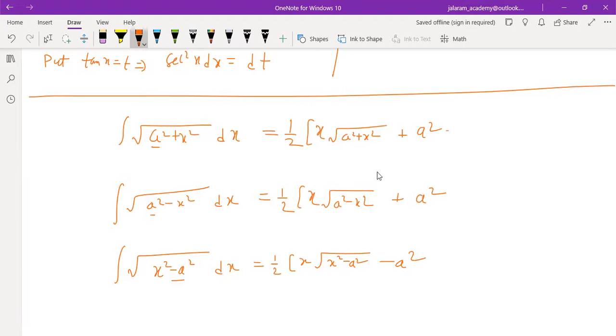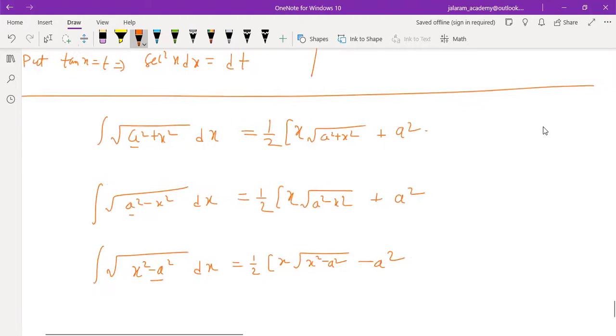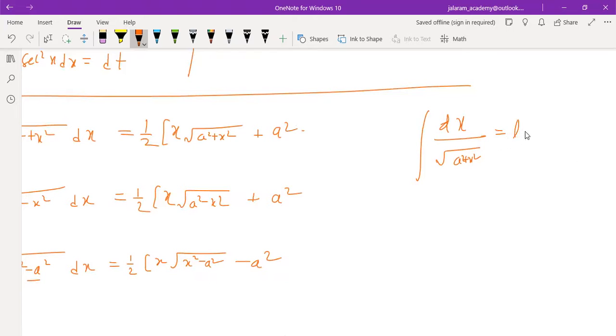Then before this we have learned the formula of integration of dx upon root a square plus x square. And I think you know this formula now. It is log x plus root x square plus a square plus c.